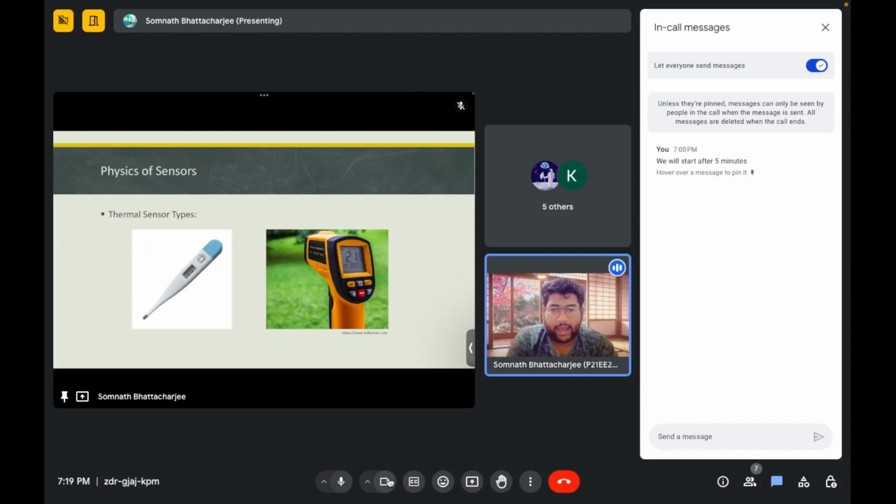I guess everybody has seen this. You point it directly towards your forehead, and it gives the measure of your body temperature through IR.